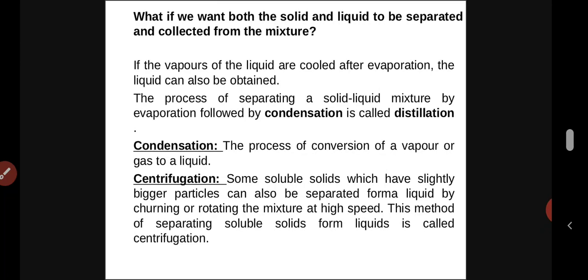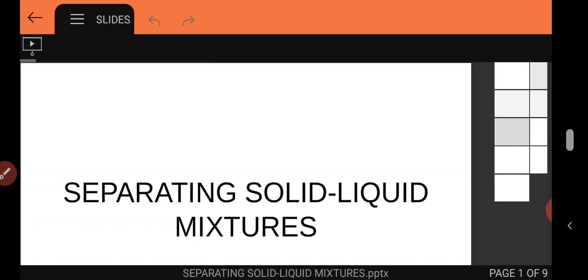So, choosing the best method. These are the different processes that we use: filtration, sedimentation, decantation, centrifugation, evaporation, condensation. Sometimes we use them alone.